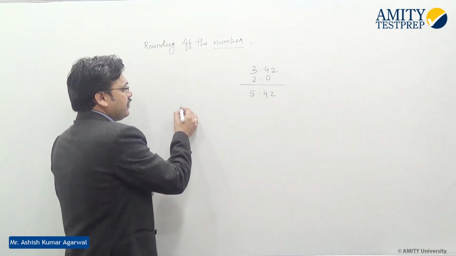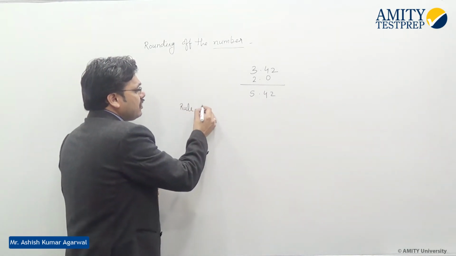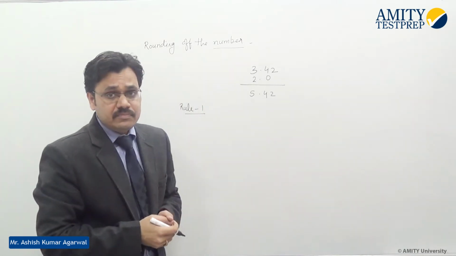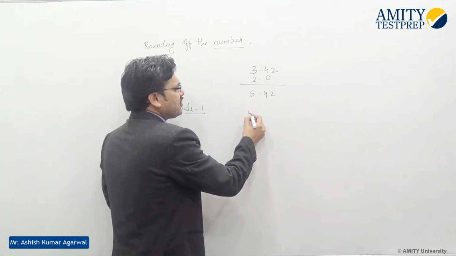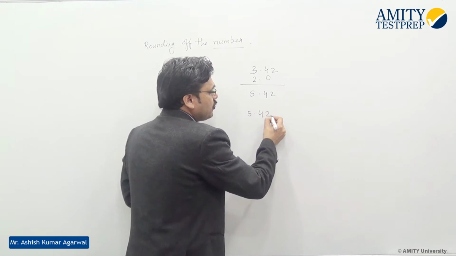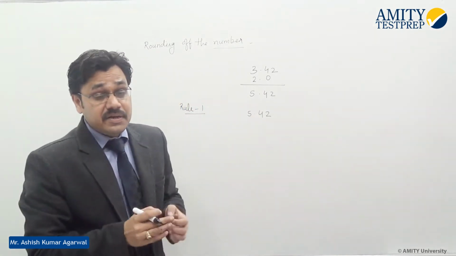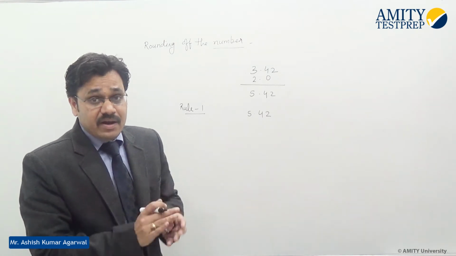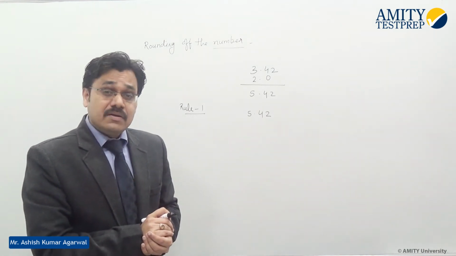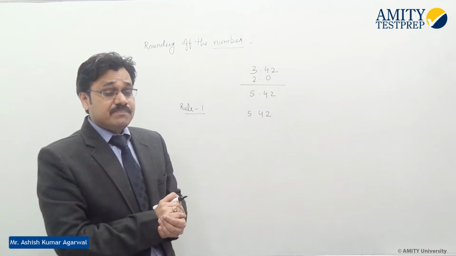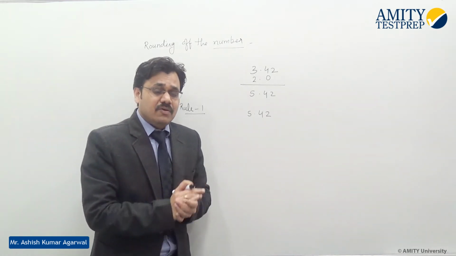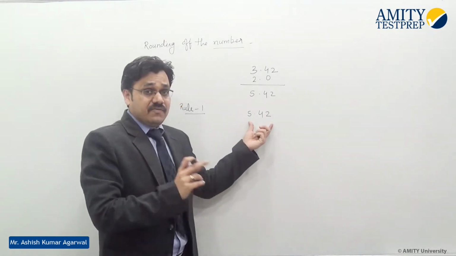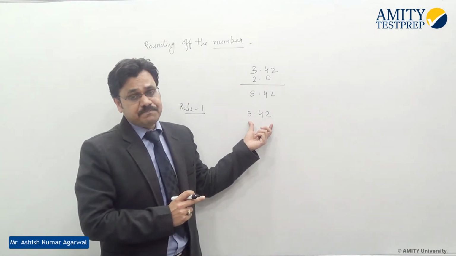Rule 1. Suppose I take 5.42. There are 3 significant digits in this number and I have to make it 2. It means I have to find a number from this which has only 2 significant figures.